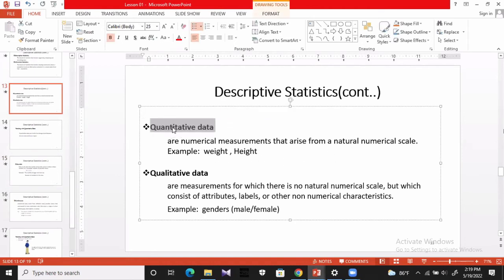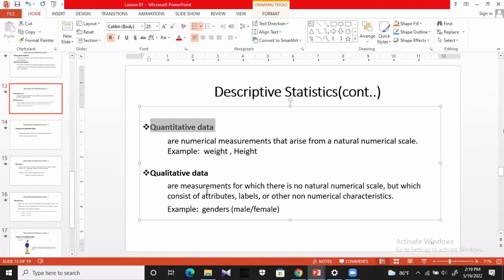That means we can always represent our quantitative data using numbers, like weight, height, number of people in a country, number of students in a class, number of chairs in a class.